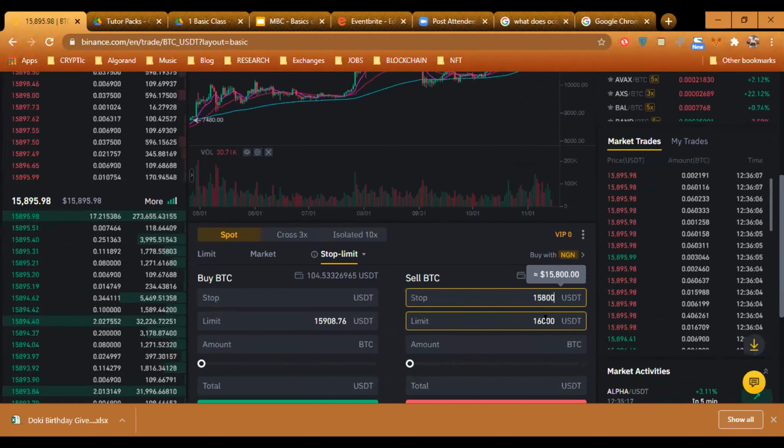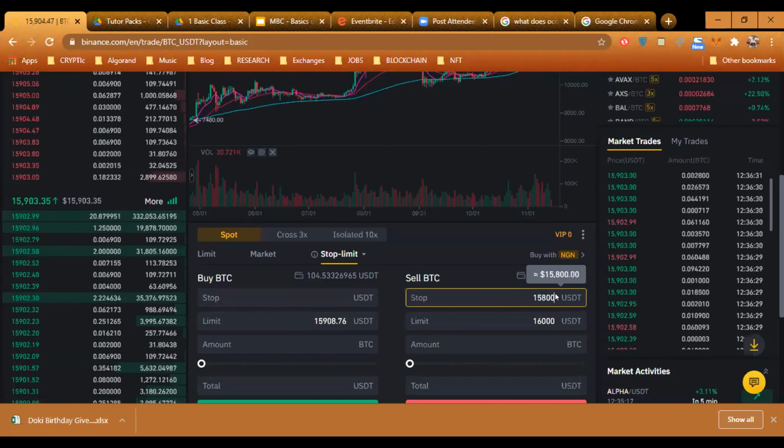So now, if my sell limit does not execute, and the market goes bad and it comes to the stop limit, which is 15,800, it means I'm losing now, because I've lost like $90, right? Yes, that's what it means.